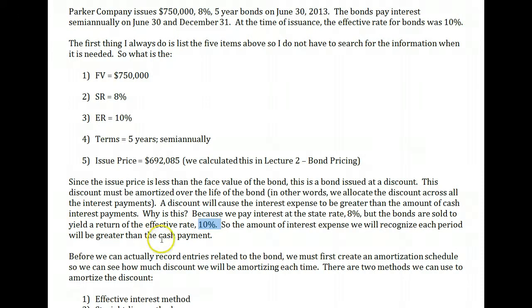If that makes sense, that's why we have to amortize this discount. We have to allocate it out. So the amount of interest expense that we recognize each period will be greater than the cash payment because we're recognizing expense at 10%, so to speak, whereas our interest cash payment is only at 8%.